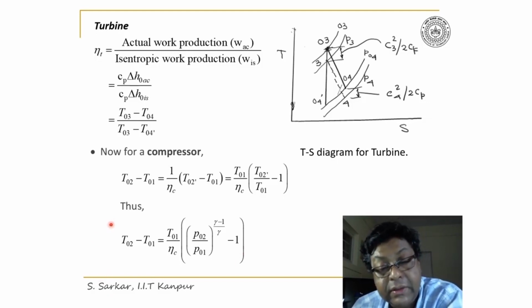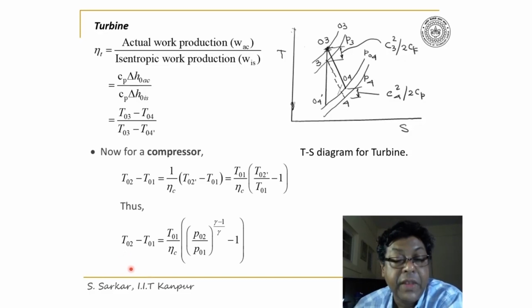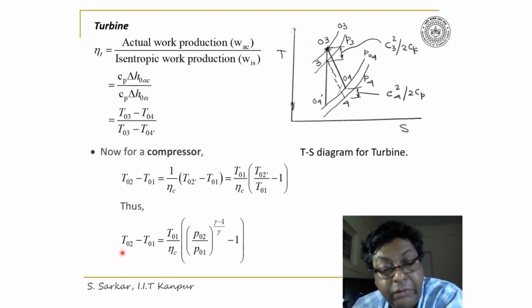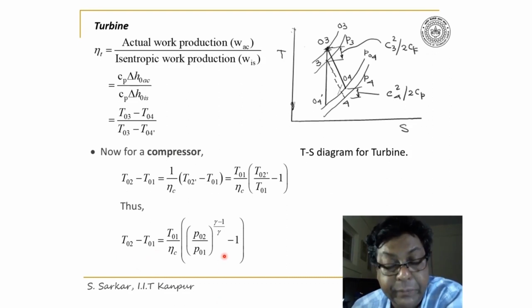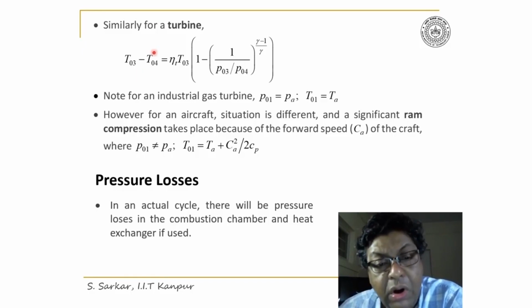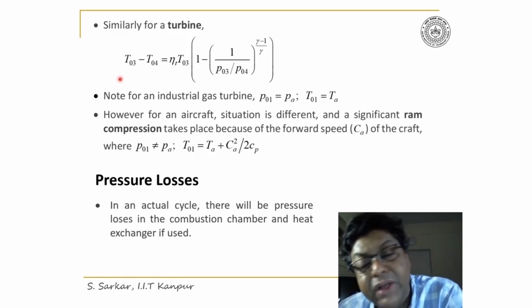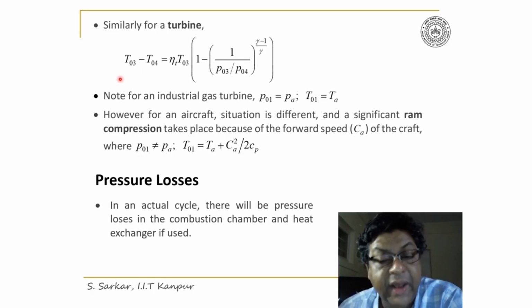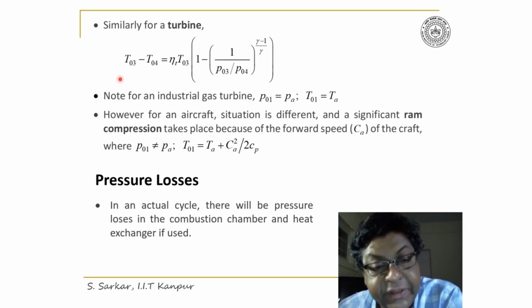Thus, this is a very important equation which tells us if you know the compressor efficiency, you can evaluate actual temperature rise with respect to pressure ratio. Similarly, for a turbine, I can express the actual temperature drop in terms of pressure ratio and the turbine efficiency.